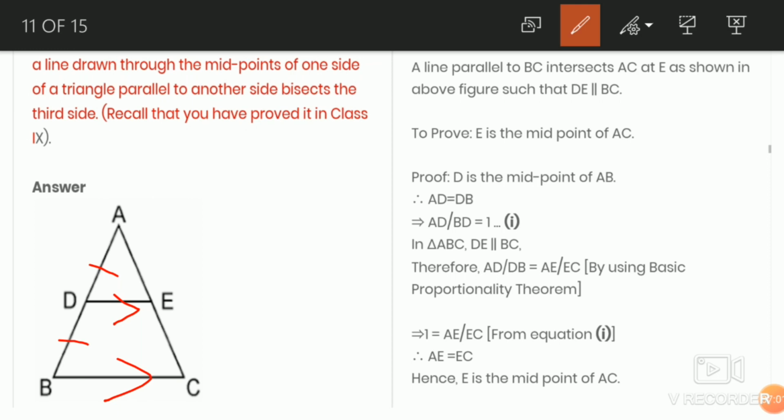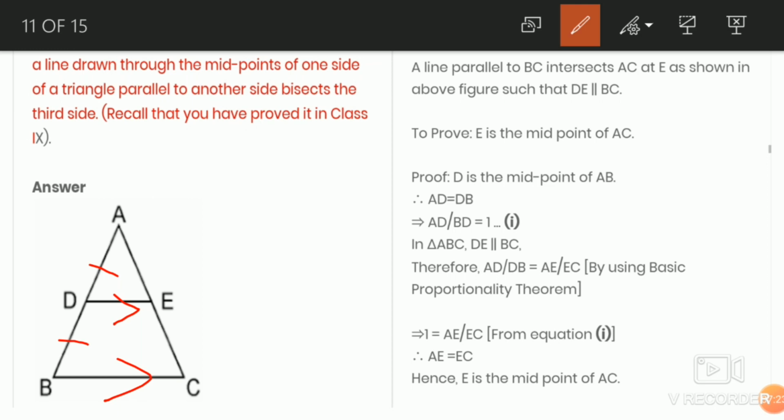In triangle ABC, we already know that DE is given as parallel to BC. Since these two are parallel, now we can use the basic proportionality theorem in triangle ABC. So by that, we can write AD by DB is equal to AE by EC.